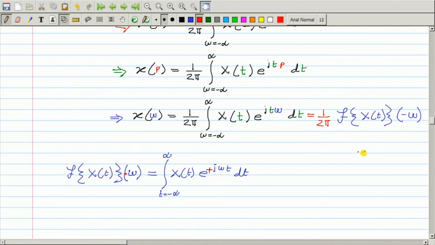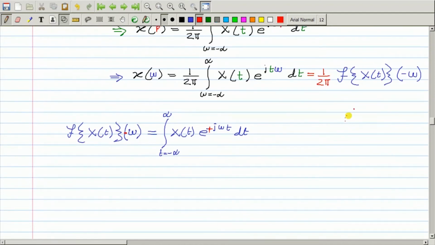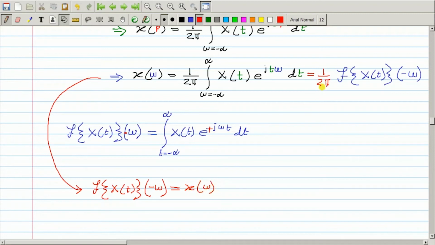So from here you can write that Fourier transform of capital X of t as a function of minus omega is equal to small x of omega multiplied with 2 pi.